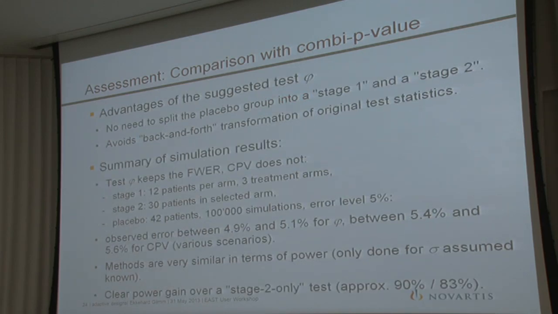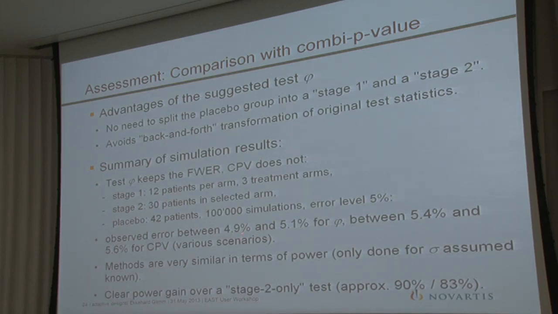Just to check what's going on there, I would say that the advantage of this combination that I've suggested now is that you don't have to split the placebo group into a stage 1 and a stage 2 arbitrarily, and you avoid a back and forth transformation of original test statistics. And then I did a bunch of simulations where in this simulation for the conditional p-value approach, I simply ignored the fact that the sigma is estimated from the data.